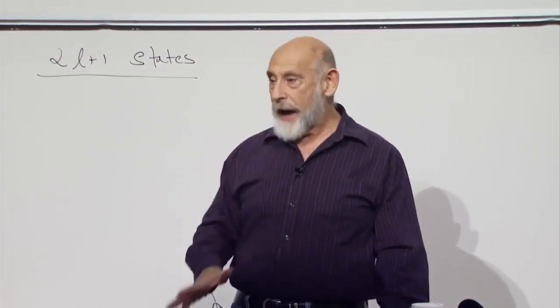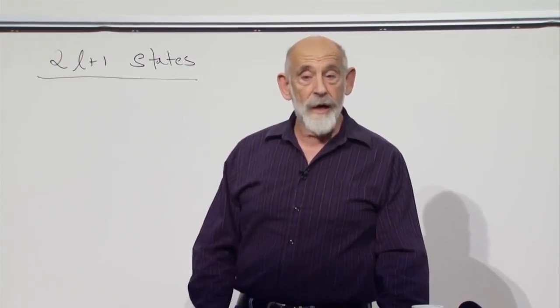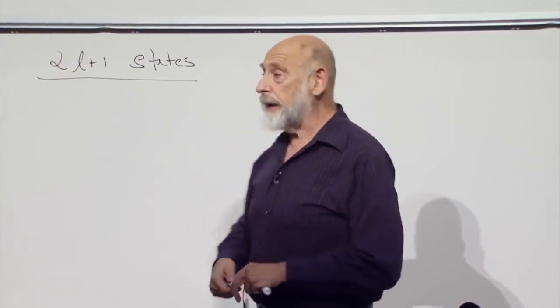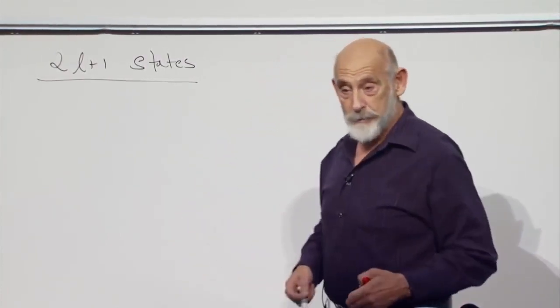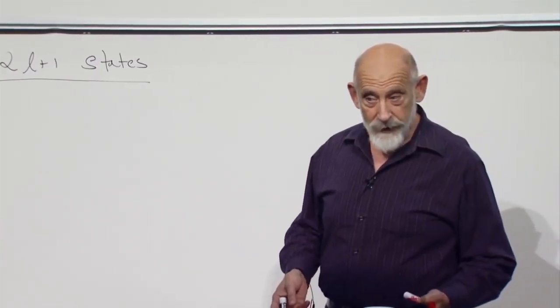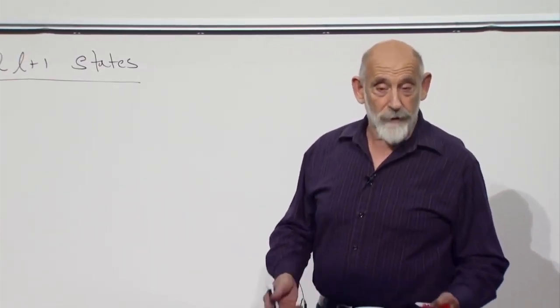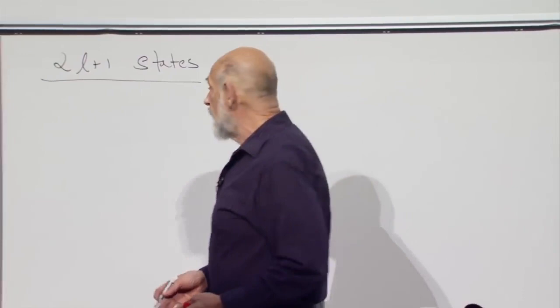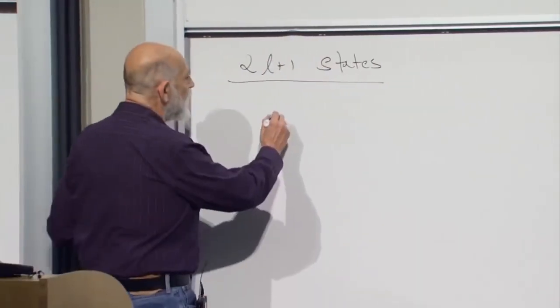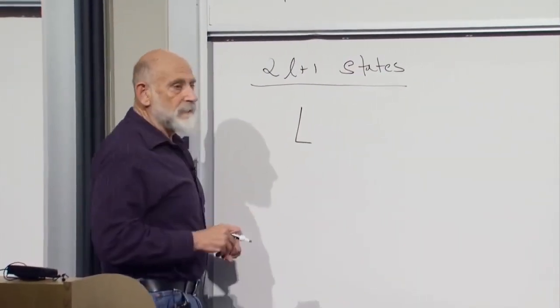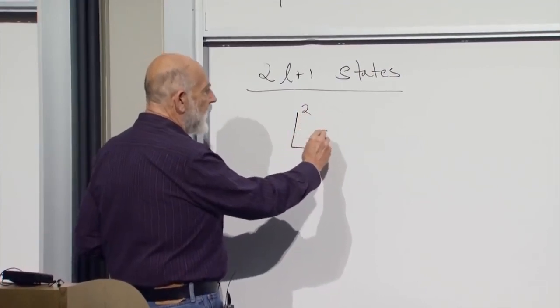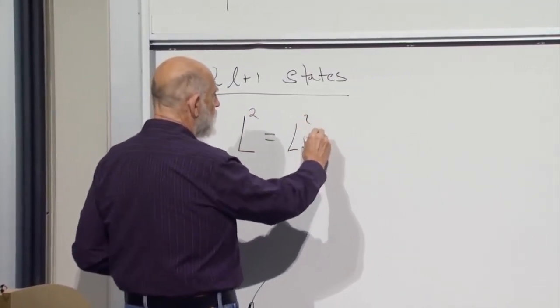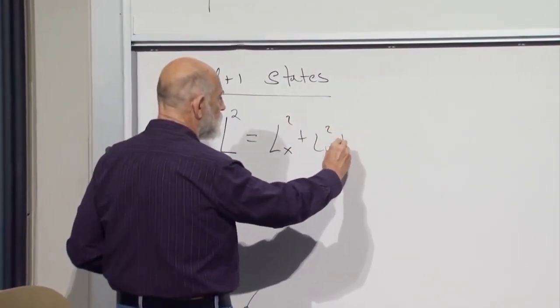Now, what do we mean by the magnitude of the angular momentum? What we mean is exactly what you would mean in classical physics, or I should say the square of the magnitude of the angular momentum. It's the magnitude of the angular momentum vector squared. And that's equal to Lx squared plus Ly squared plus Lz squared.